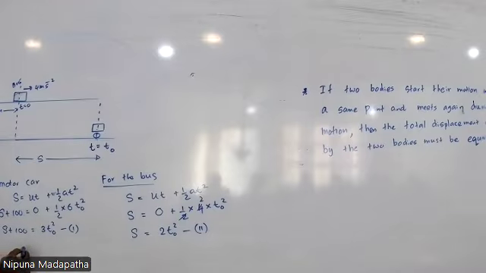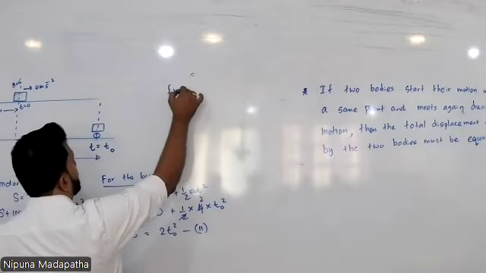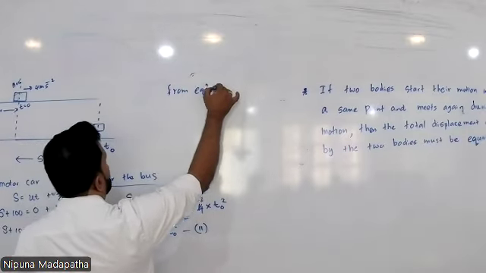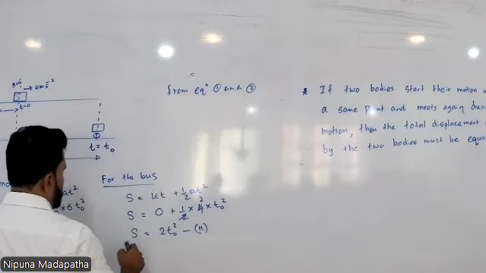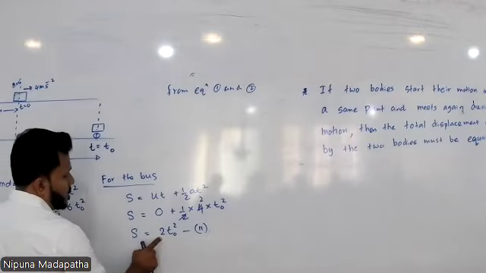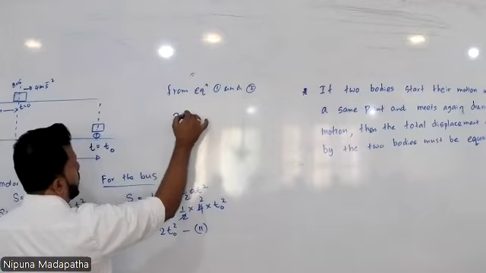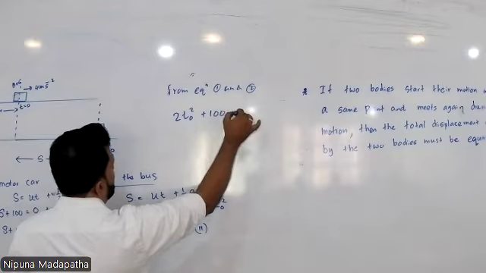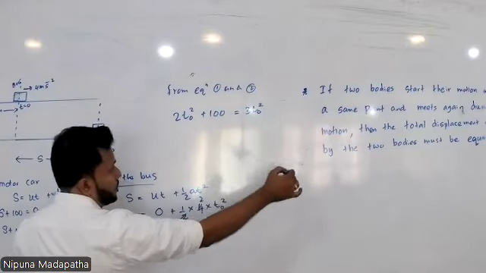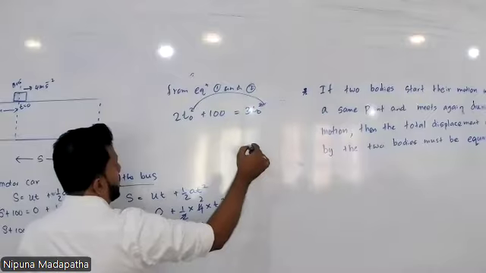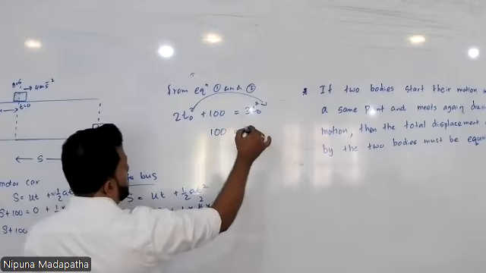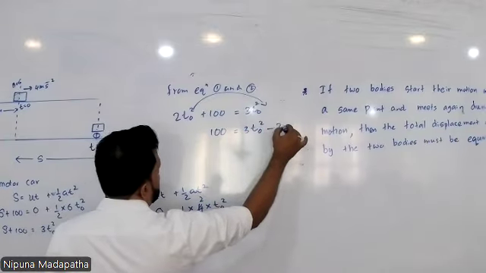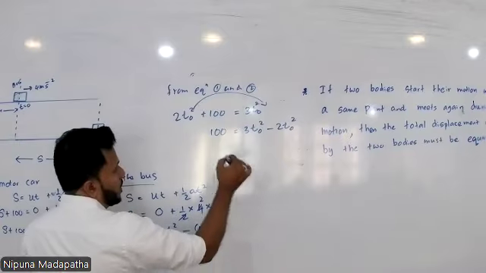Now use equations 1 and 2 to find the time t naught. From equations 1 and 2, instead of S, you can use 2 t naught squared. 2 t naught squared plus 100 is 3 t naught squared. 100 equals 3 t naught squared minus 2 t naught squared.